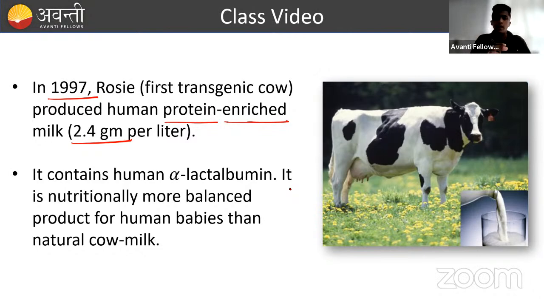So that is why the cows are engineered to produce a specific type of milk that is rich in alpha-lactalbumin. This alpha-lactalbumin is very good for your babies. Okay, it will not hurt their tummies, and it will also nourish the babies, and their health will be very normal without affecting their gastrointestinal tract. So that is a good application, isn't it?